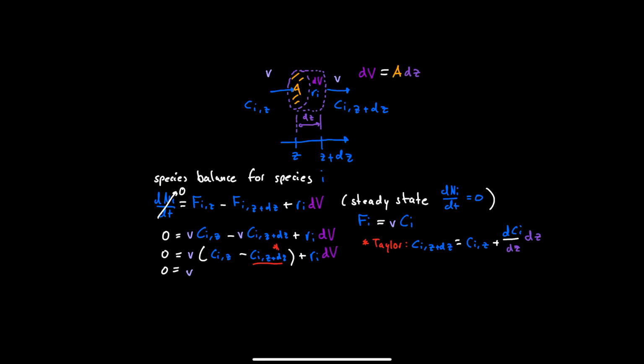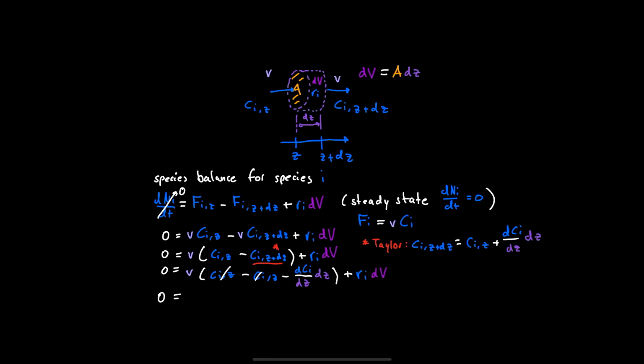So V times Ci at position C minus Ci at C minus dci divided by dc times dc plus Ri times dV. So these two cancel out.